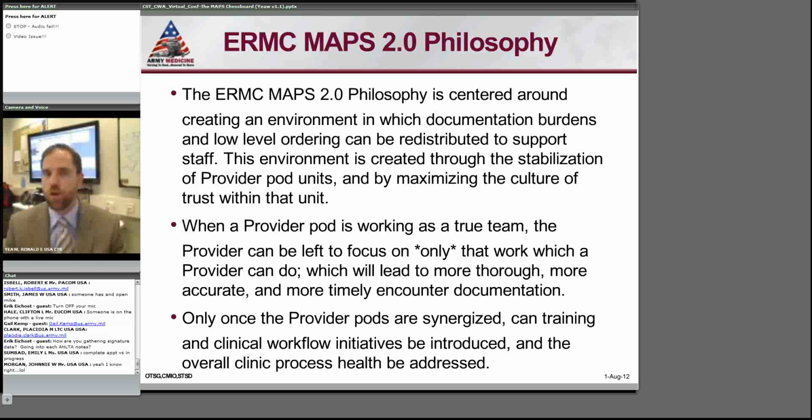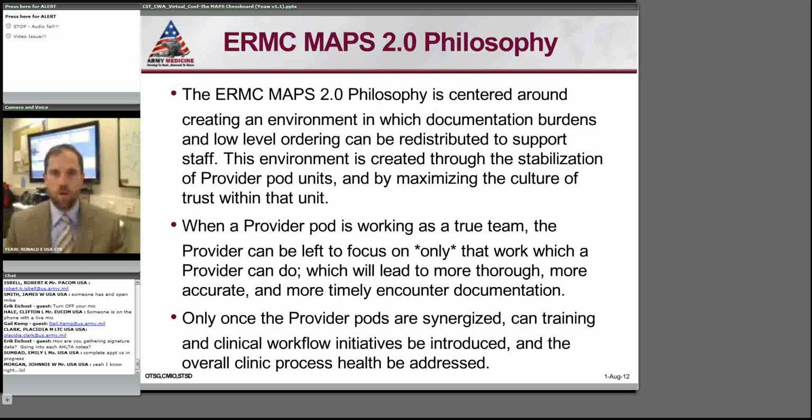You're going to have a stabilized provider pod. If we can do that, would you be willing then to spend energy on getting this provider pod up to your standards? Every provider is a mentor. They had to do it when they were going through getting their degrees, becoming doctors. What you're saying is it's okay to start educating again. You stabilize the pods, we bring them in, and now the provider can start training.